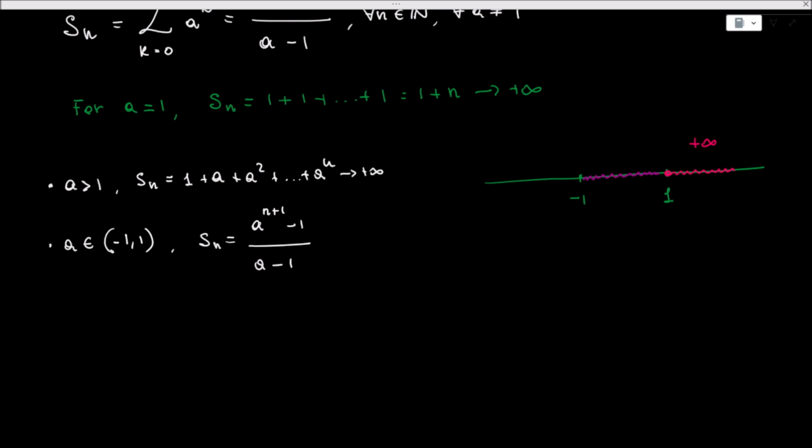Now notice that the absolute value of a raised to the n plus 1, you know why I'm considering the absolute value? Because a could possibly be negative, and we want to get rid of the problems with the sign. So let's evaluate this, which is nothing else than the absolute value of a raised to the n plus 1.